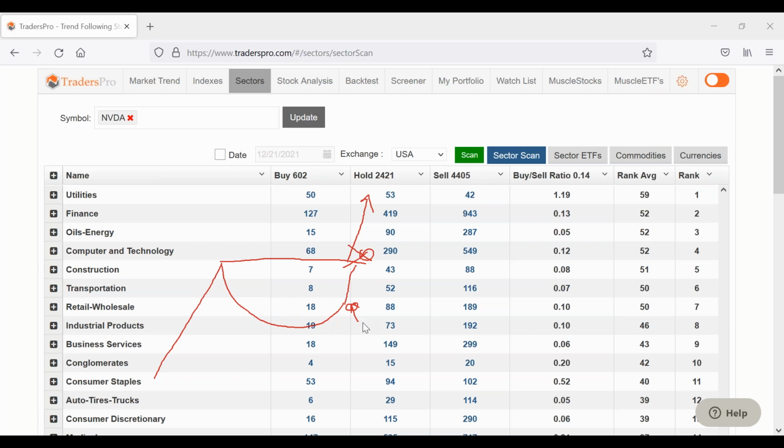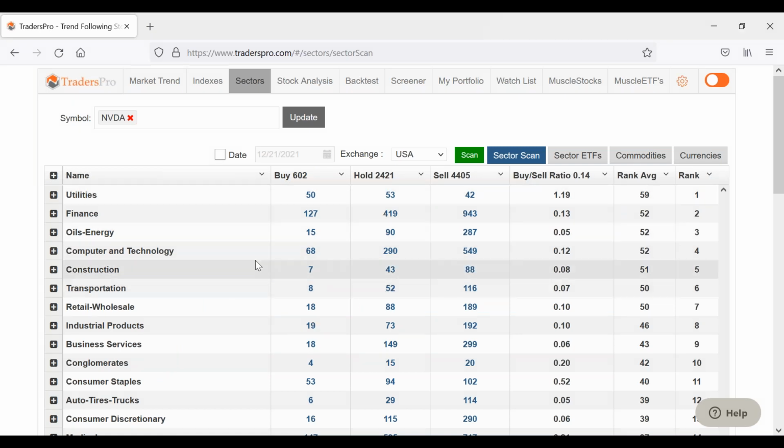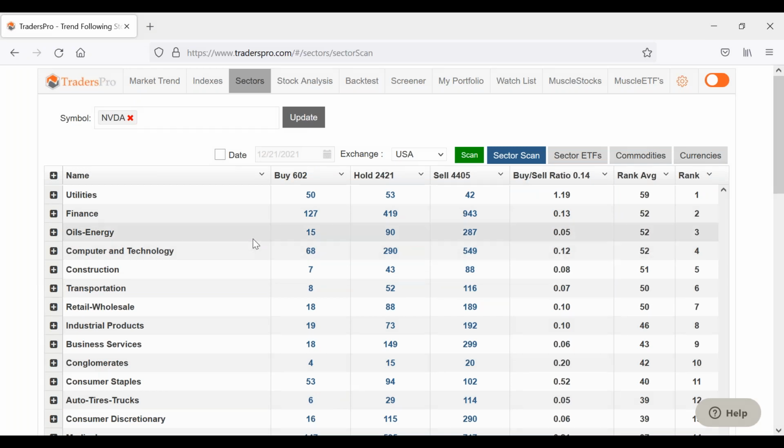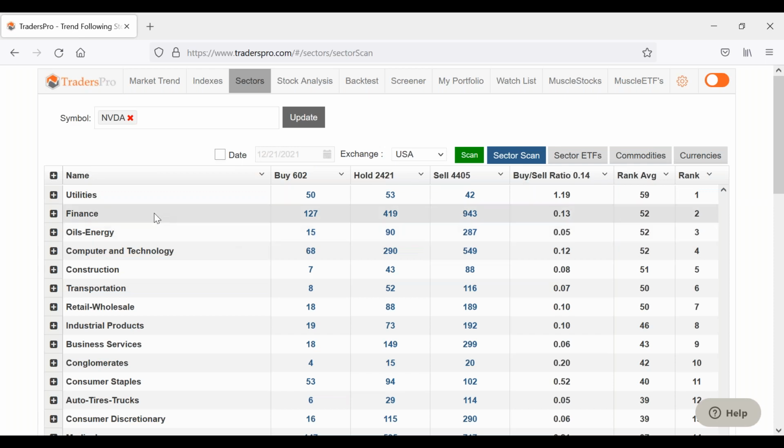Okay, but I'm going to go through these different sectors, and I'm trying to find patterns that I like. So ideally, like I said, you're going to get the higher sectors and the higher stocks within those sectors, and then on top of that, the chart patterns that are there.